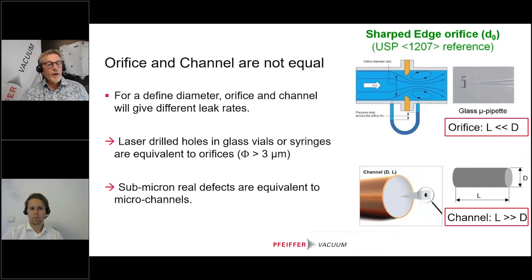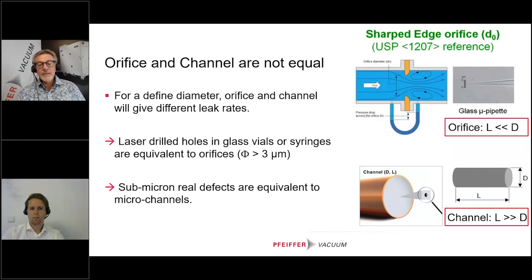We talked already about orifices and channels. Both geometries are not equal. For a defined diameter, an orifice and a channel will not give the same leak rate, so they will not have the same impact on the integrity of your container.